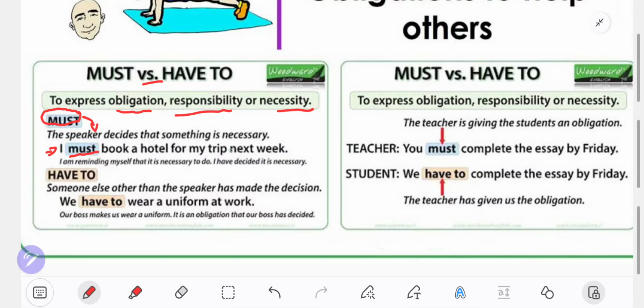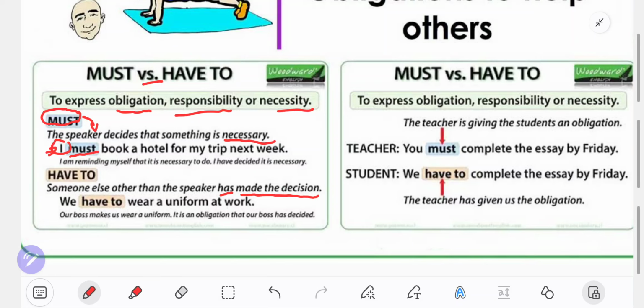But for have to, the explanation is that someone else other than the speaker has made the decision. And for must, the decision is from I. But for have to, the decision is from other people.